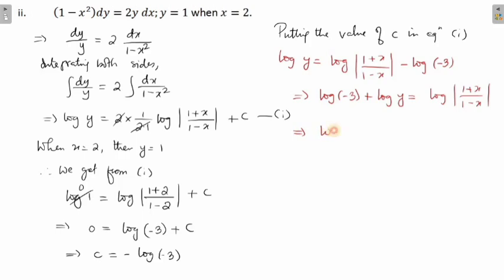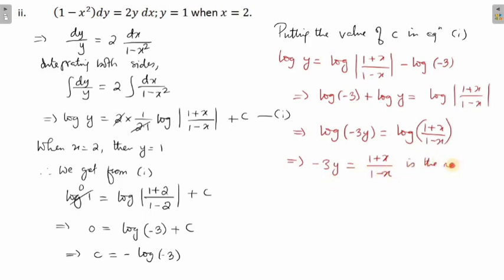So you get log of (−3y) equals log of (1 + x) by (1 − x). Remove log and log, so from here you get −3y equals (1 + x) by (1 − x). So this is the required particular solution. Okay, so you may pause the video and note down your solution.